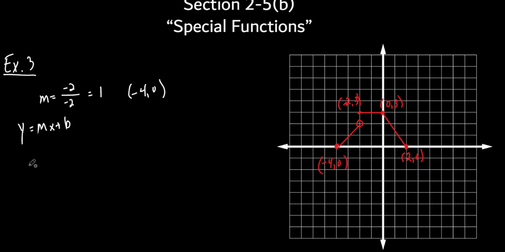So what is the y? 0 equals the slope, which is 1, times x, which is negative 4, plus b. That's a negative 4. We can do a little bit of this in our head, can't we? This is negative 4. Agreed? And then I got to move it over here. So what's b? Positive 4. Doesn't it look like it would hit positive 4? Yeah.